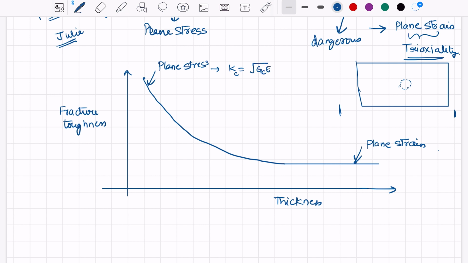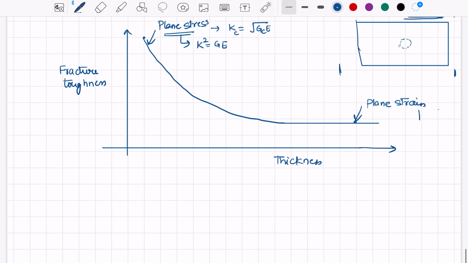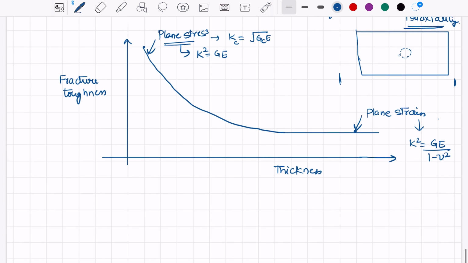So if you want to write, you can write K square equal to GE in plane stress condition, and in plane strain you can write K square equal to GE divided by 1 minus nu square. And here the material undergoes flat fracture.